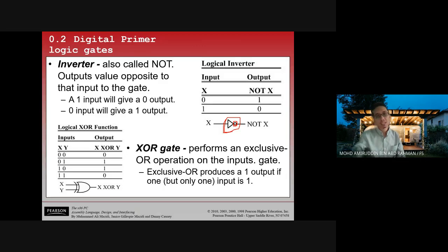But for OR, when both X and Y, both inputs, are 1, the result will also be 1. But for the exclusive, it will be 0. So that's the only difference. Because it concentrates on only either of them, only one, then it will be 1. So that's the exclusivity of the XOR gate.